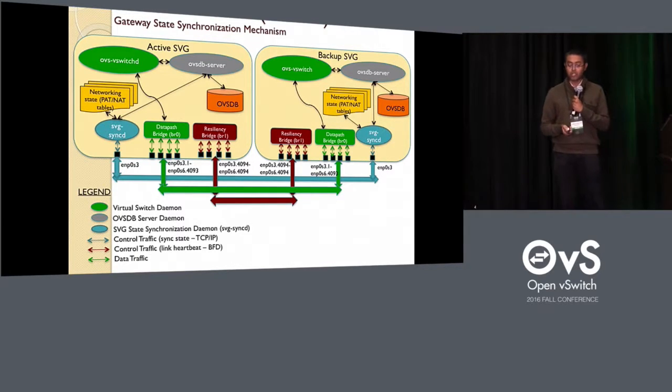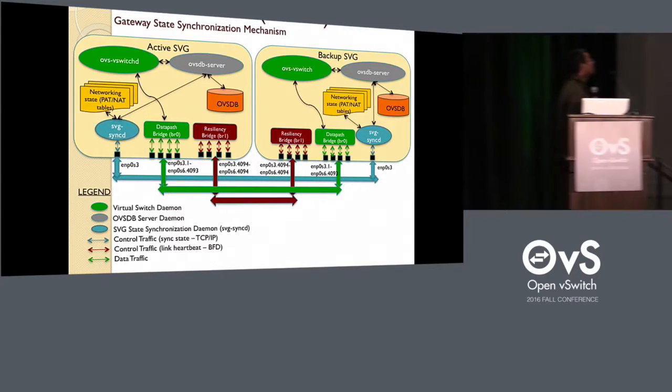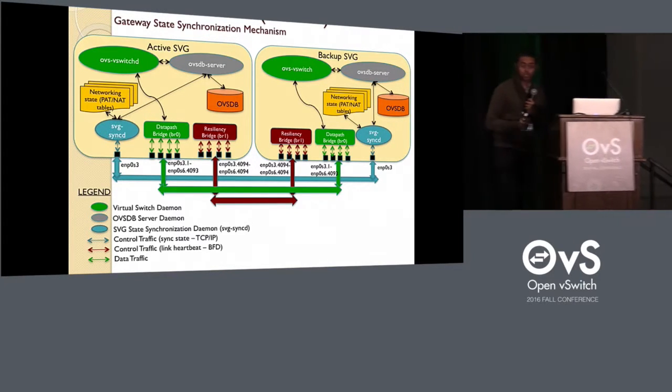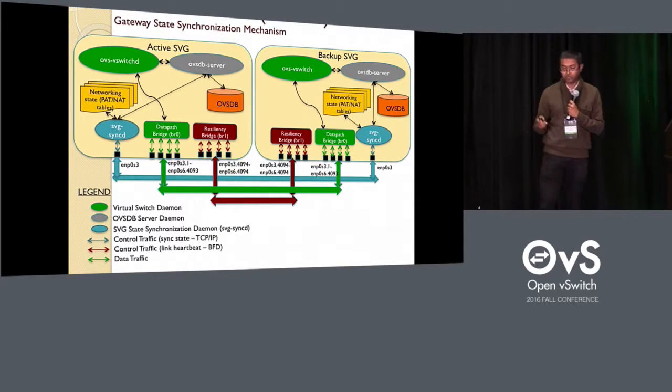Then you have the data path bridge in the middle, and then there is the resiliency bridge, which exchanges the heartbeat information shown in the red lines there.